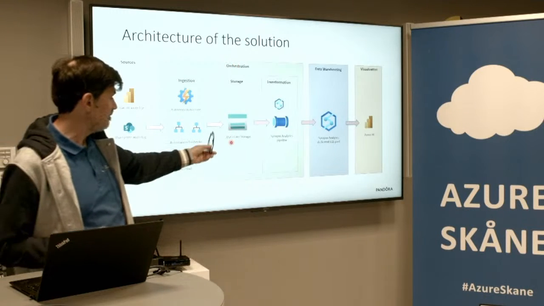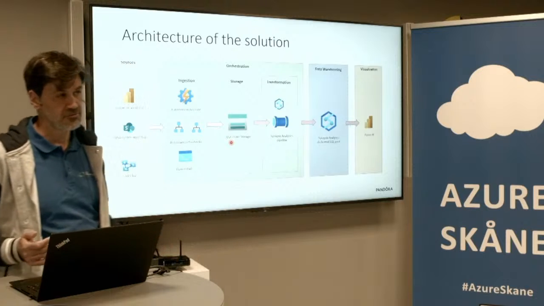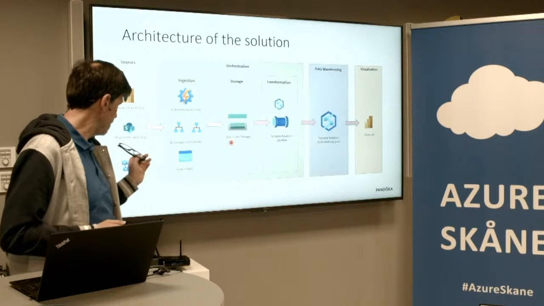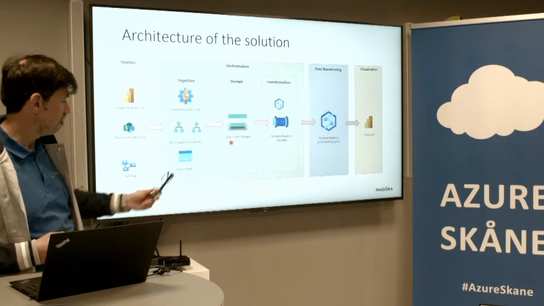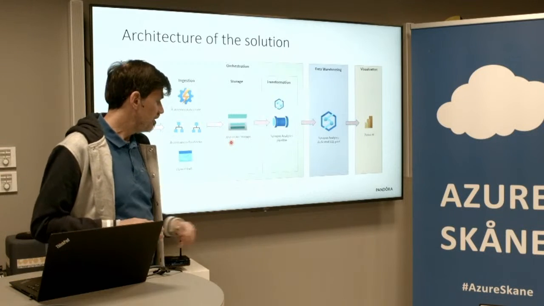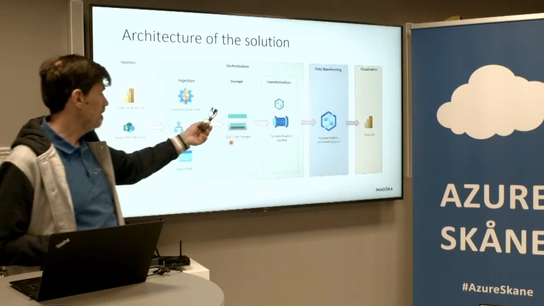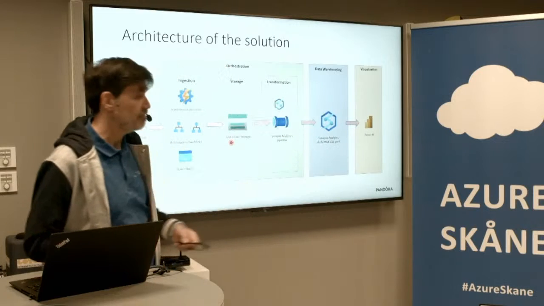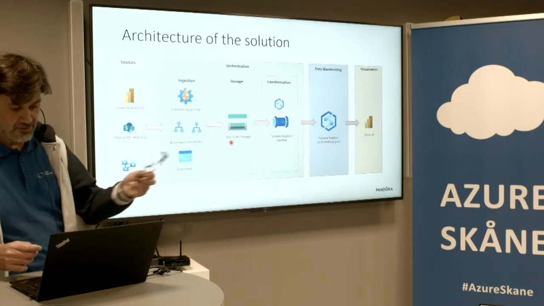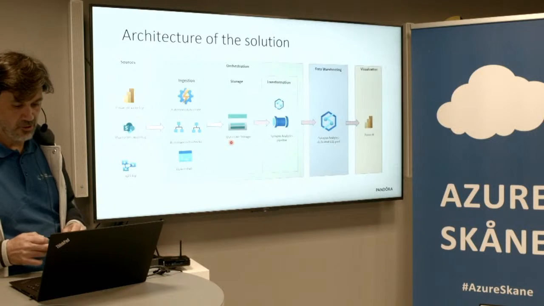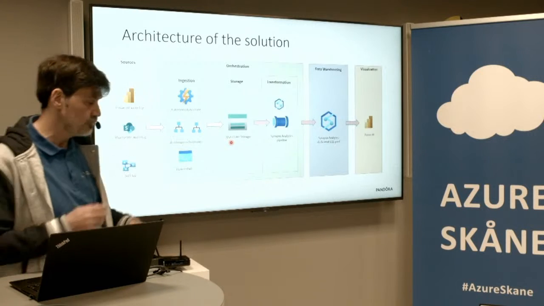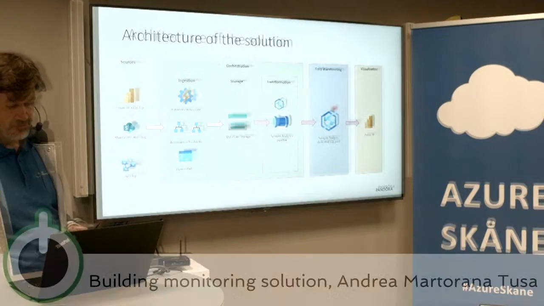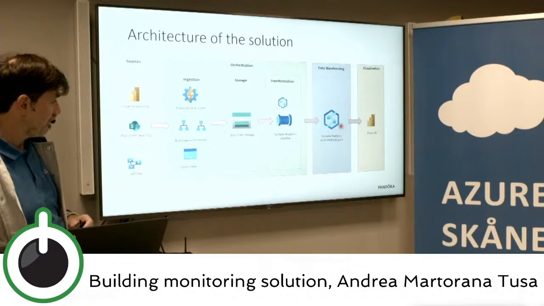The data is saved in a storage account, so into a data lake, all three sets of data. From the storage account to the data warehouse, there are pipelines that are moving and copying the data. Into the data warehouse, some transformation is happening as well.